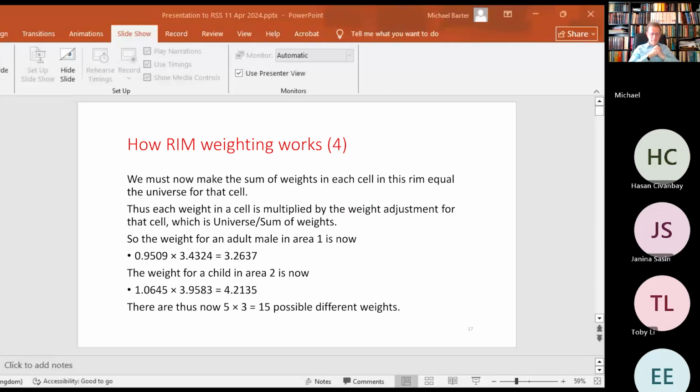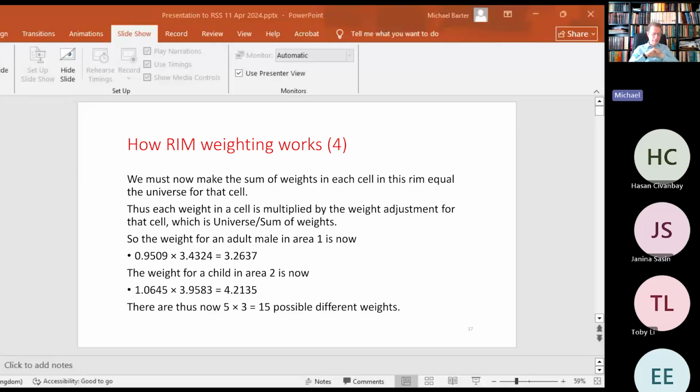To get a second set of weights, you multiply the first set of weights by the adjustment factor. So for an adult male in area 1, the initial weight is 3.4324, and the adjustment factor is 0.9509, so you multiply them together. And similarly for the weight of a child in area 2.